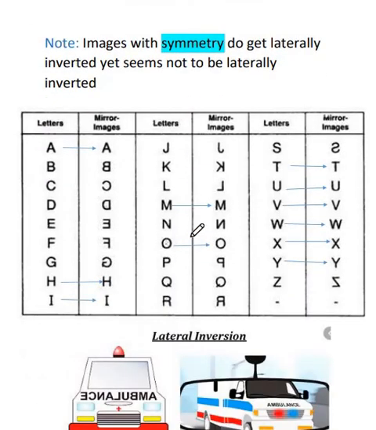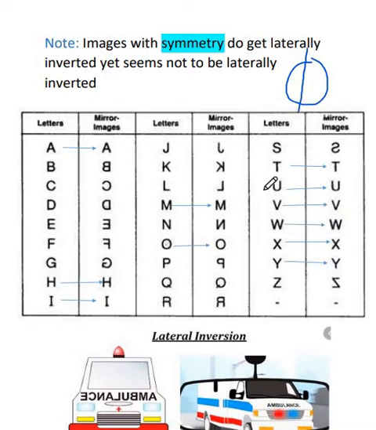Now, there are images, better yet letters, with symmetry. As you can see, O has a symmetry like this. You can cut O into two equal parts and they will look exactly alike. In the same manner, there are other letters which can be used as images. Now this is a chart I got from Google, okay guys, which shows the letters and the mirrored image of those letters.